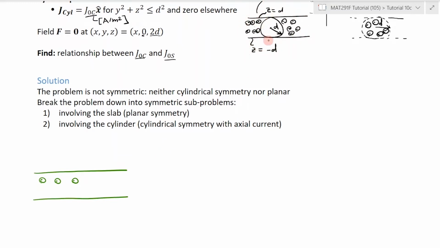So the problem involving slab with extruded cylinder, you have to fill in the cylinder's volume with the current density of the slab, otherwise the field produced will not be symmetric. So this guy, let's call the current density J1. J1 is just going to be equal to J naught S x hat for z between negative d and d. And this slab is going to produce the field F1.